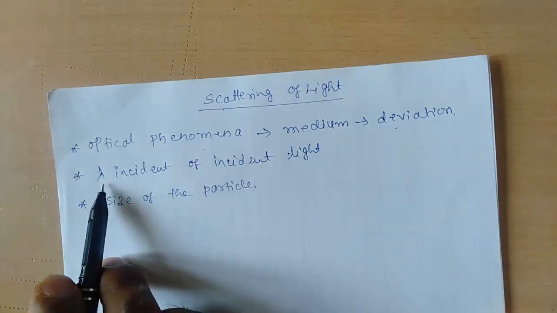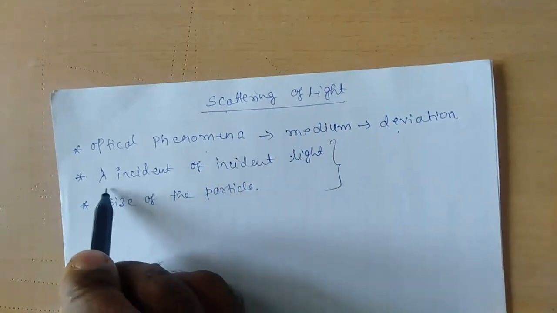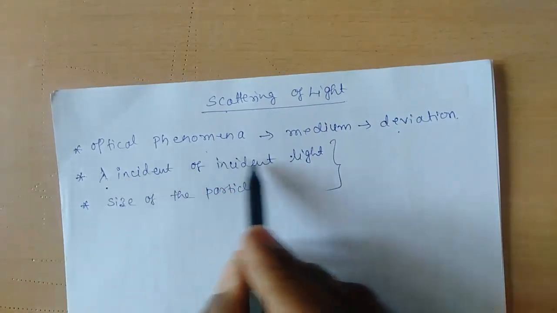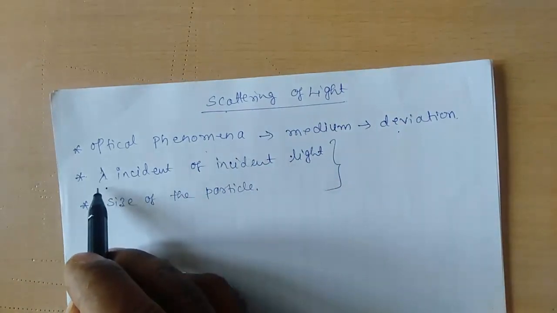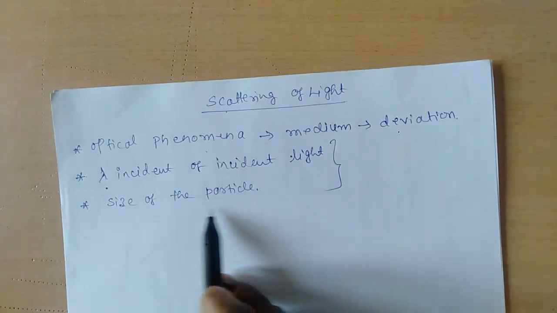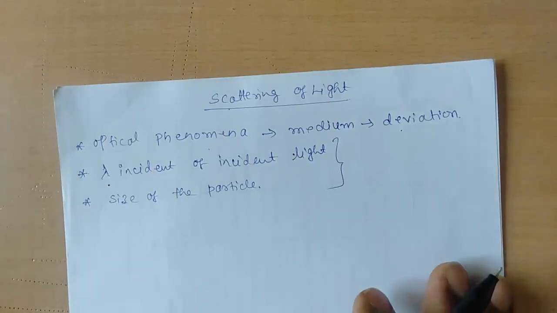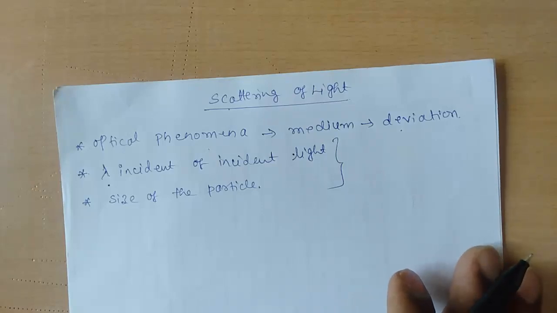Remember students, the scattering of light mainly depends on two factors. The first is the wavelength of the incident light, and it also depends on the size of the particle that is present in the medium. On these two factors we have the dependency of the scattering of light.